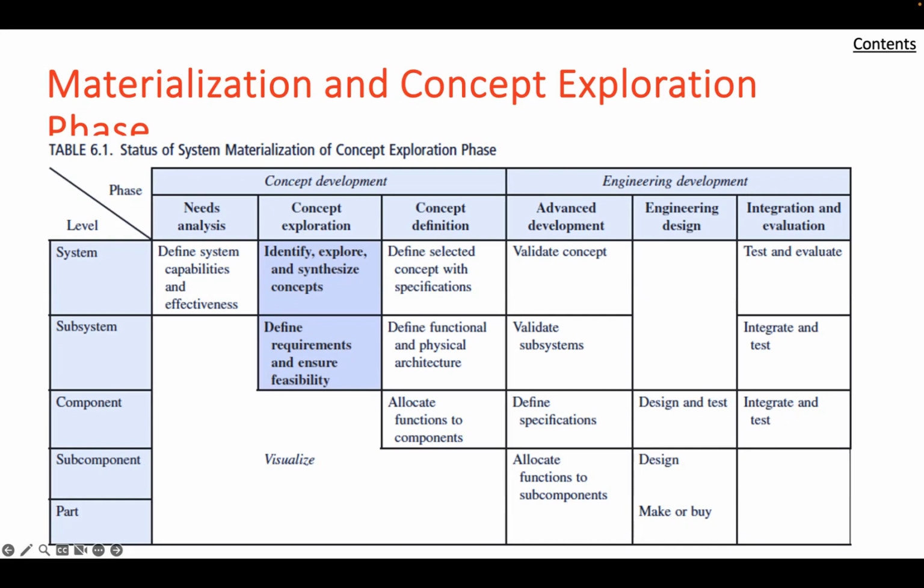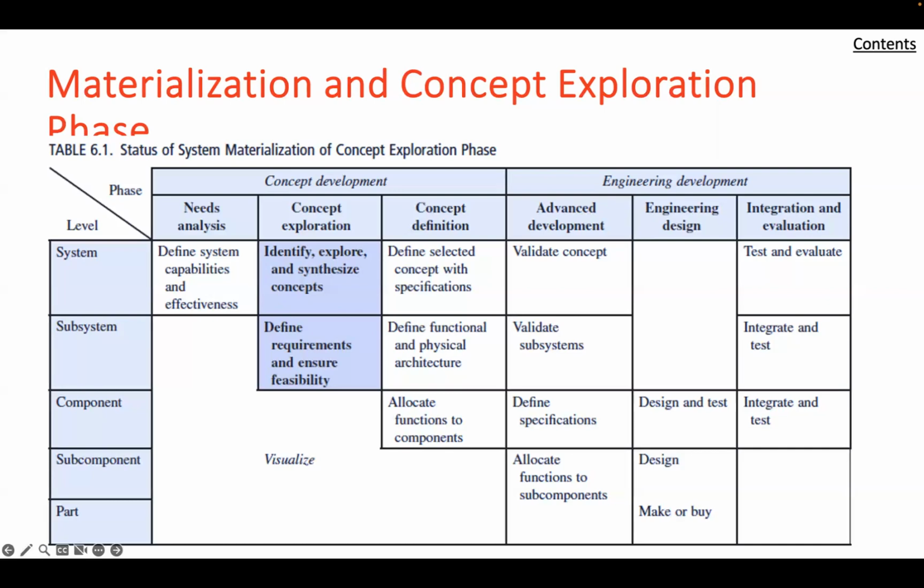The term "visualize" is meant to connote the conceptualization of the general function and physical embodiment of the subject, in this case of needs analysis at the subsystem level. Thus, in the concept exploration phase, one starts with a visual basis, generally on the above feasible concept.